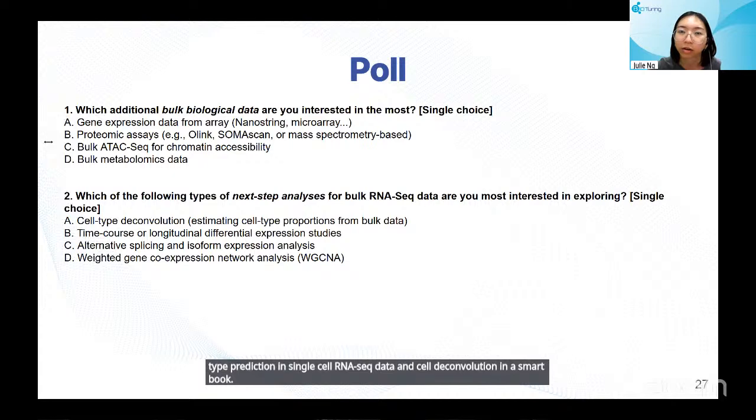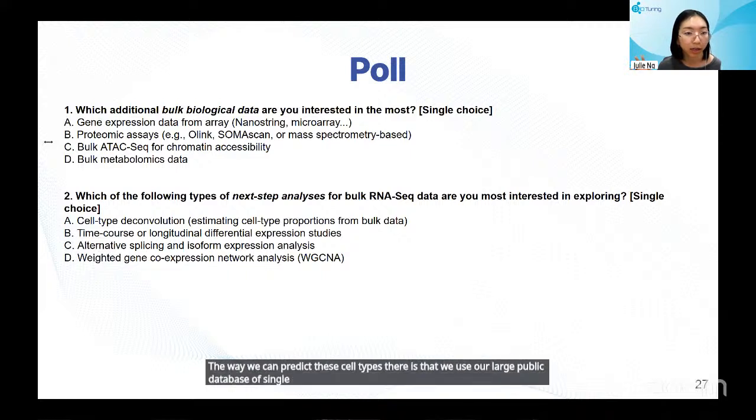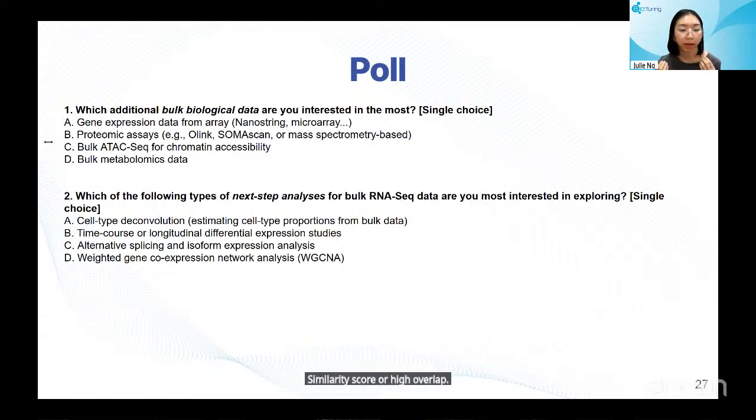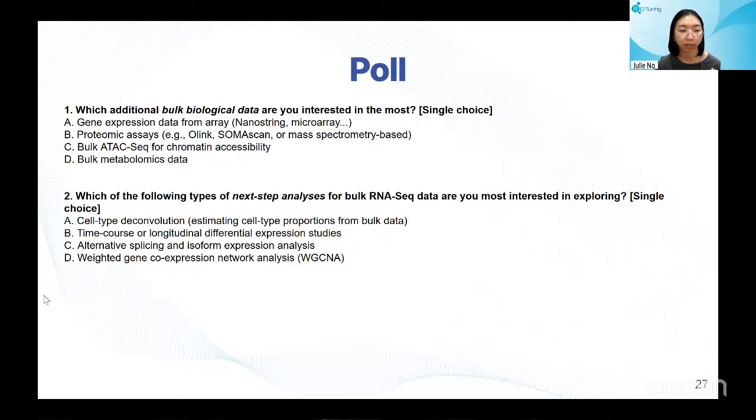For single cell RNA-seq data, the way we predict these cell types is that we use our large public database of single cell RNA-seq data, and we use marker genes from certain clusters to compare against the marker genes within our clusters. If those marker genes have a high similarity score or a high overlap, then that's how our cell type prediction tool can predict the cell types in single cell RNA-seq data.